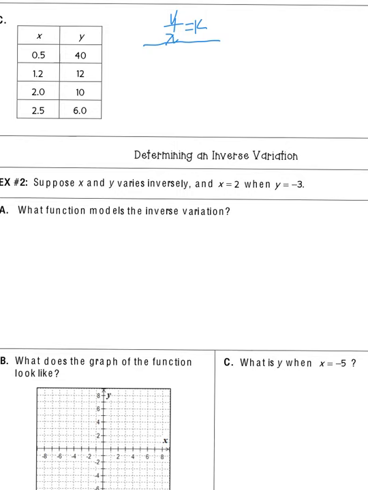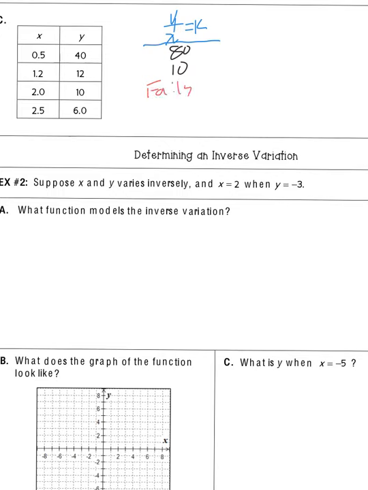I get for that one, 40 divided by 0.5 is 80. And then 12 divided by 1.2 is 10. So right there, those aren't the same. So I just stopped and said it fails.